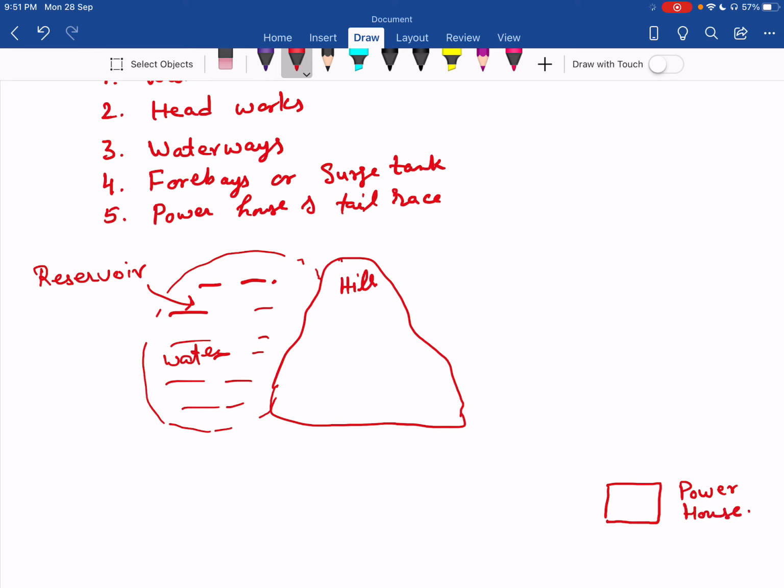Our aim is to take water from this reservoir to the powerhouse. First we have this pipeline. Here we use one tank, and we have another pipeline over here that takes water from this reservoir to the powerhouse. This is the water.